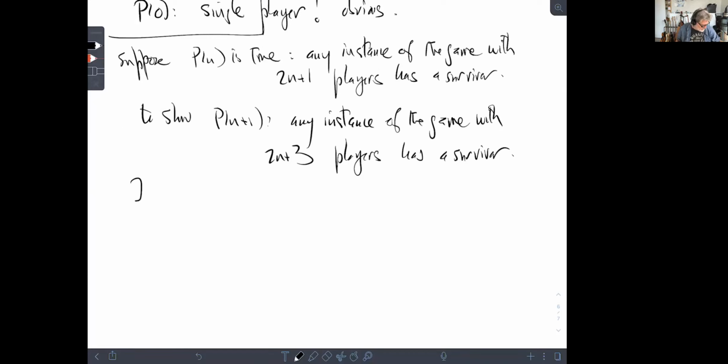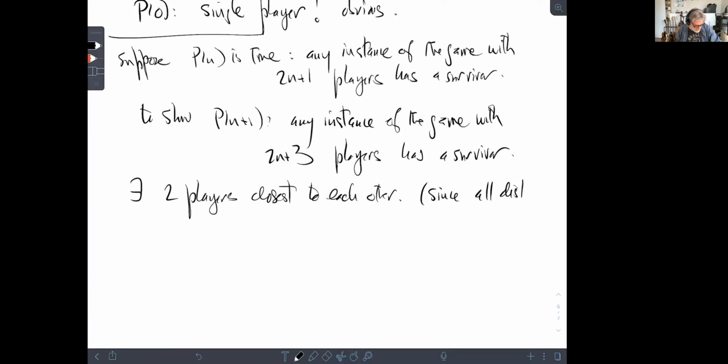So there exist two players closest to each other, because all the distances are different, so you can list them. So there's a smallest one, right? Since all distances are distinct. So this is where this is used.